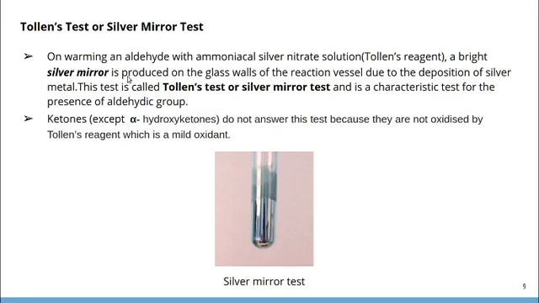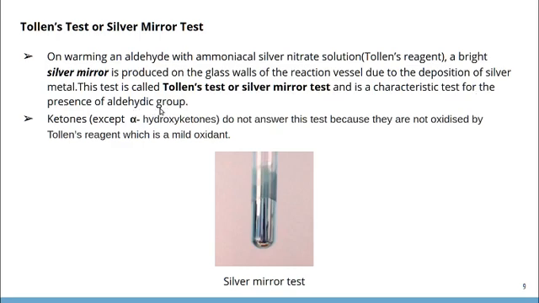Now let us know what is the Tollens test or silver mirror test with Tollens reagent. On warming an aldehyde with ammoniacal silver nitrate solution, that is Tollens reagent, a bright silver mirror is produced on the glass walls of the reaction vessel due to the deposition of silver metal. This test is called the Tollens test or silver mirror test and is a characteristic test for the presence of the aldehyde group.